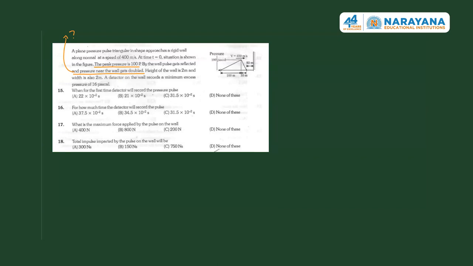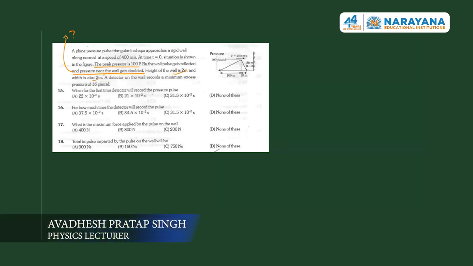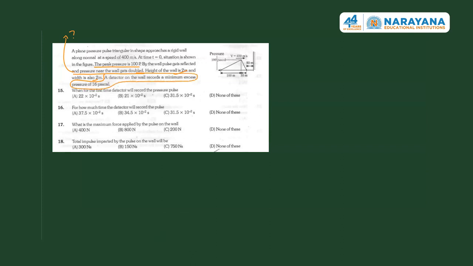So depth dimension, height, that is 2. He is saying that there is a detector on the wall which can record a minimum excess pressure of 16 pascals. So that recorder can sense any excess pressure which is above 16 pascal.